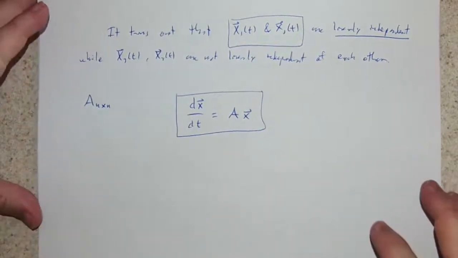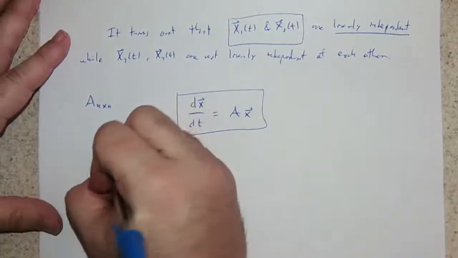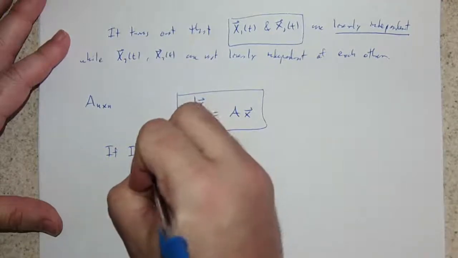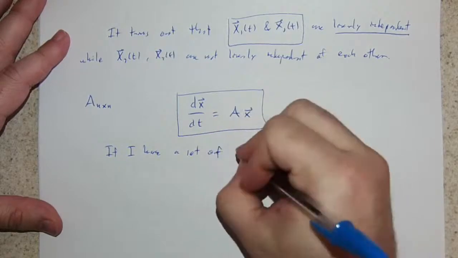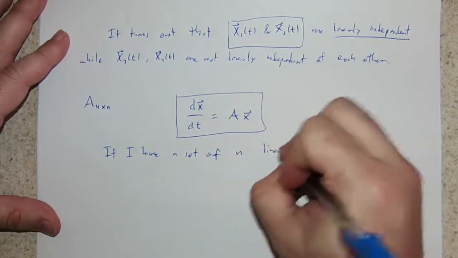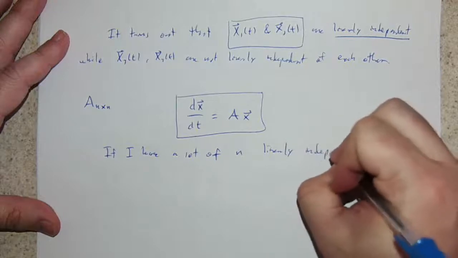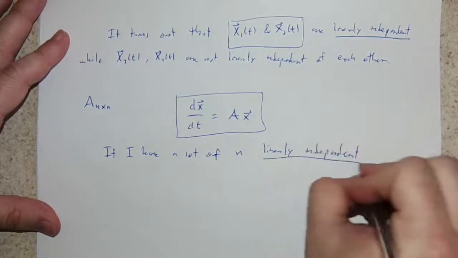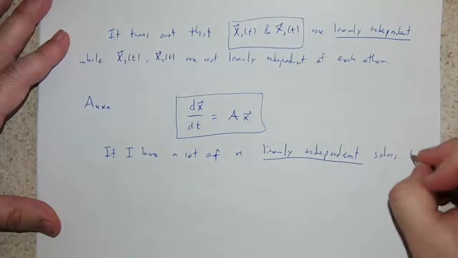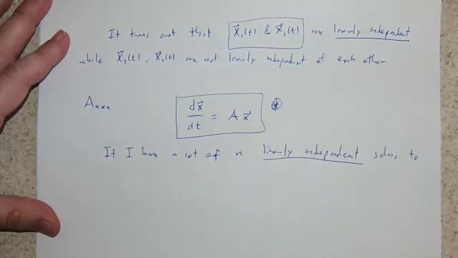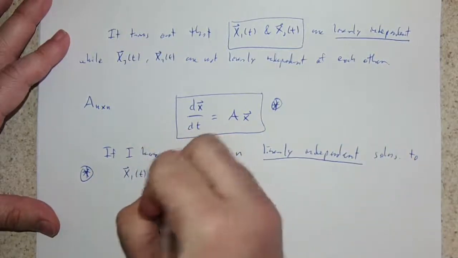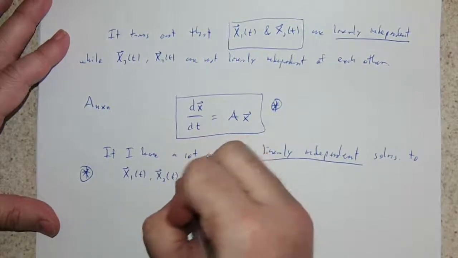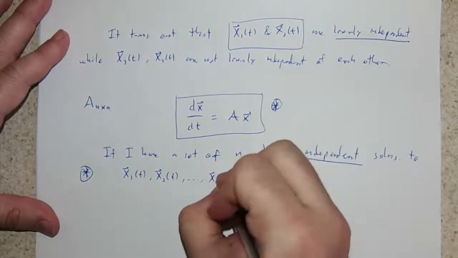Then if I have a set of n linearly independent solutions to this system, which I'll call asterisk, we'll label those as x1 of t, x2 of t, all the way out to xn of t.